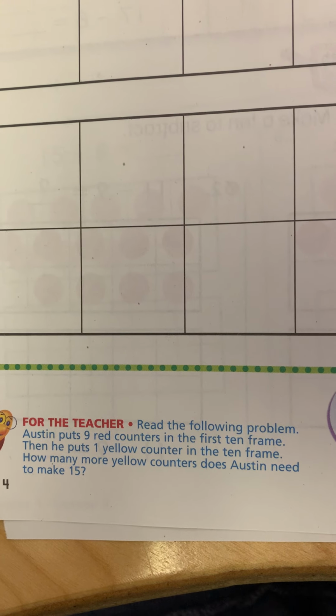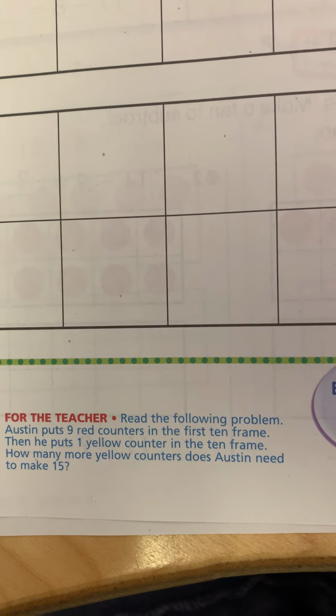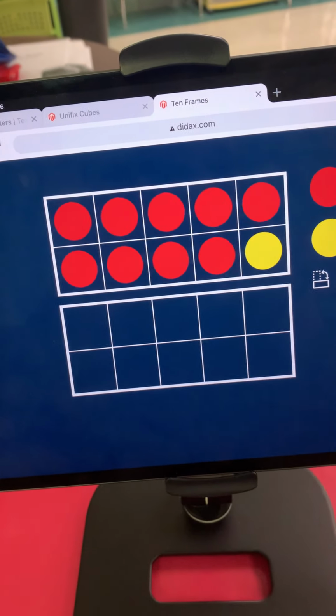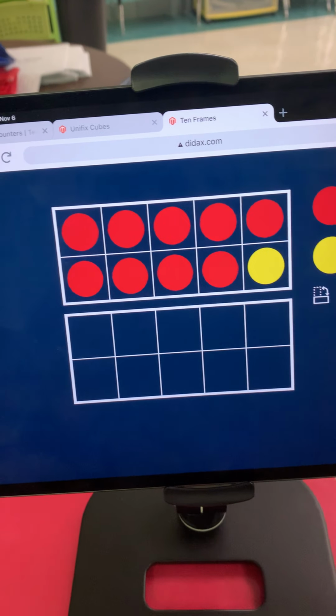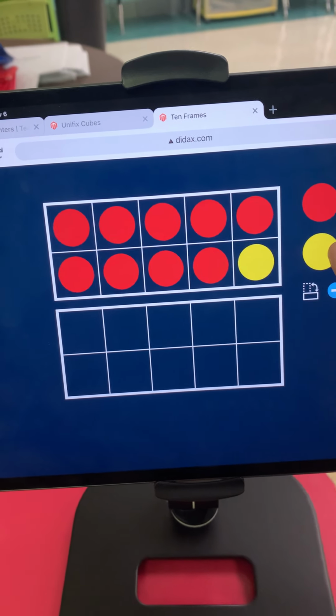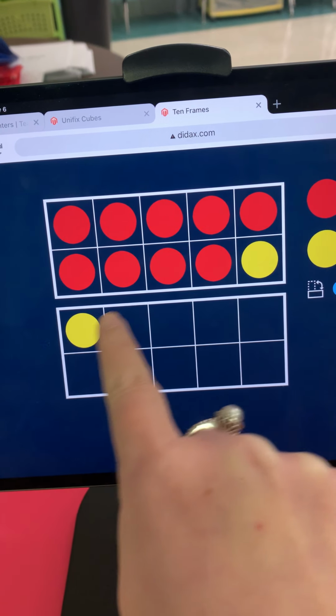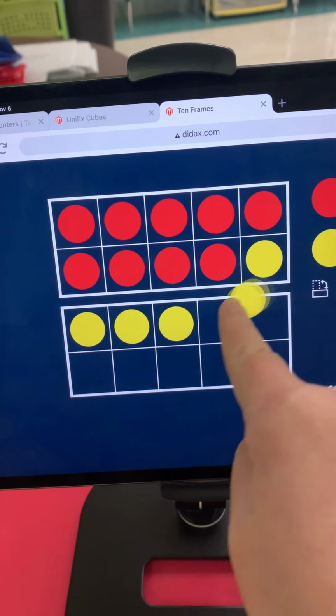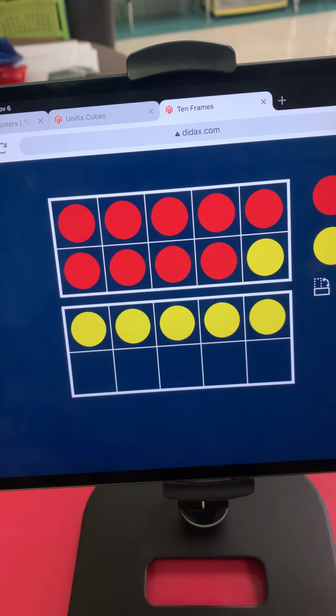How many more yellow counters does Austin need to make 15? Okay. So we're wanting to count up to 15. So we know this was 9, so this yellow one made 10. So this one would be 11, 12, 13, 14, 15.